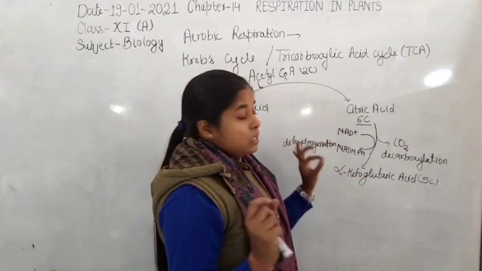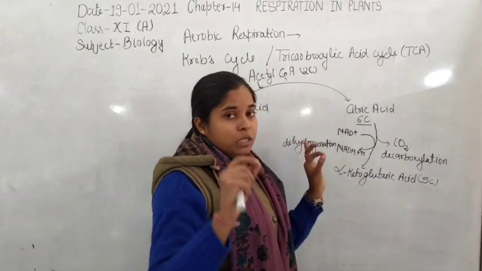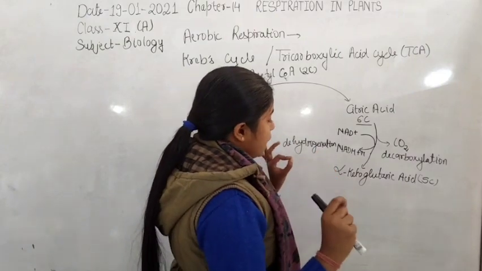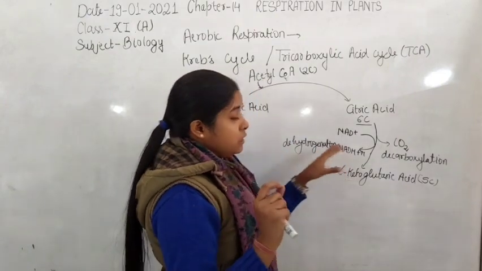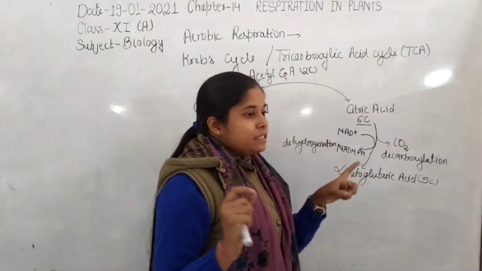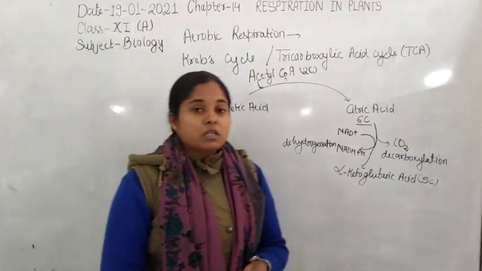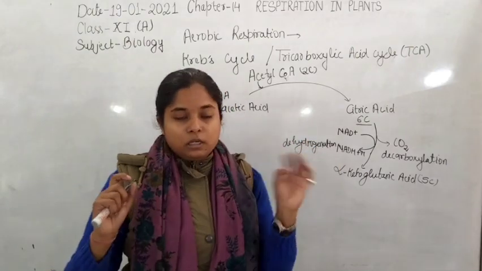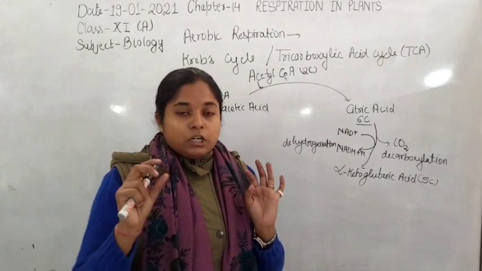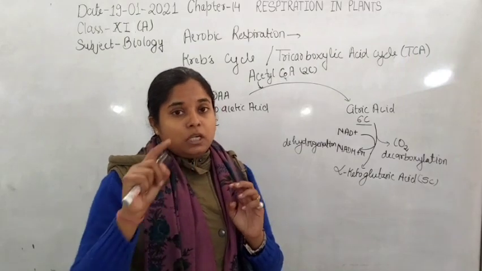In this process there is a decarboxylation process by which carbon dioxide is released, carbon released in the oxidized form, and there is also release of hydrogen in the form of NADH plus, because the glucose molecule has a hydroxyl group and hydrogen attached with each carbon.